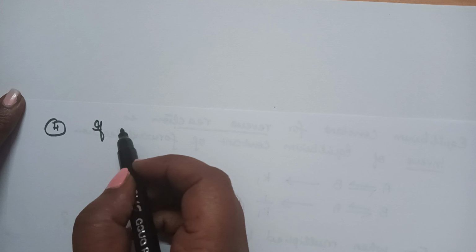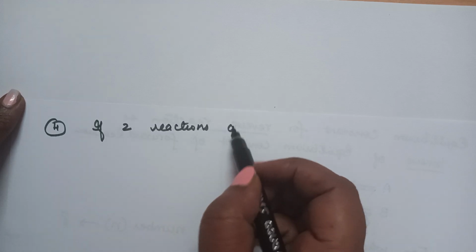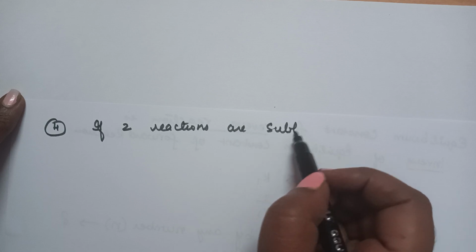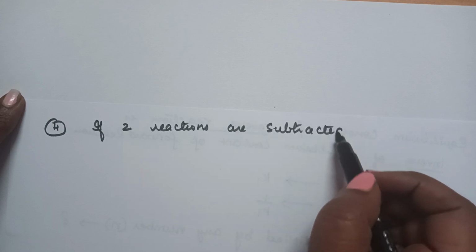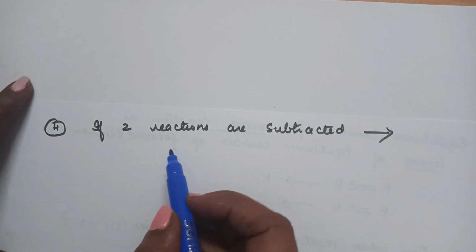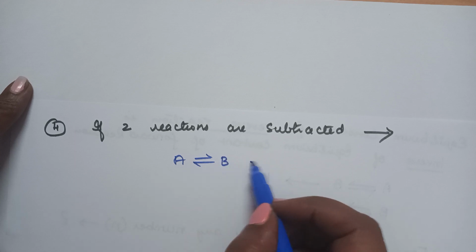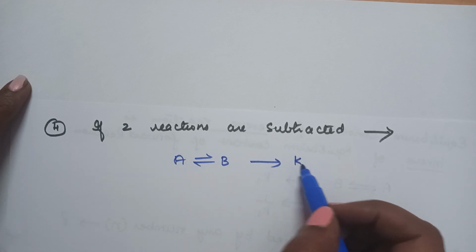Next important concept, the fourth one: if two reactions are subtracted, what happens to the equilibrium constant? So let us take an example, A giving B. Let the equilibrium constant be K1.